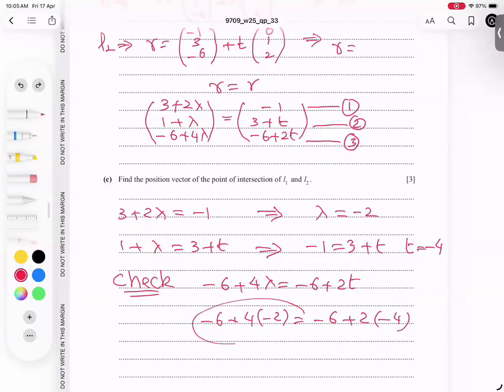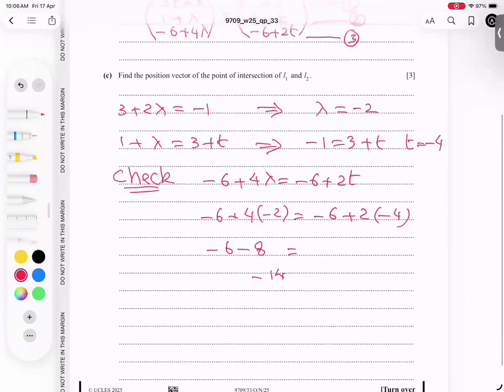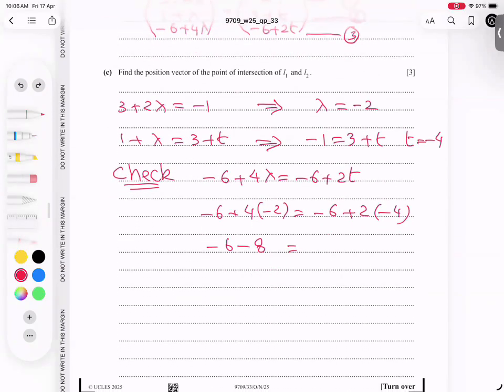If left and right sides match, it means they intersect. So negative 6 and negative 8 becomes negative 14, and on the other side negative 6, again negative 8, gives negative 14. So yes, they intersect.